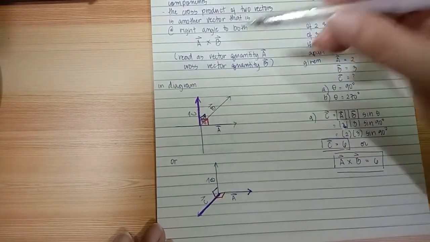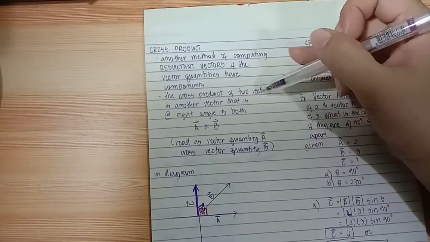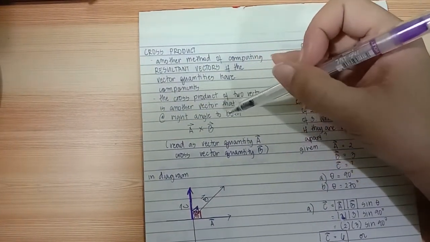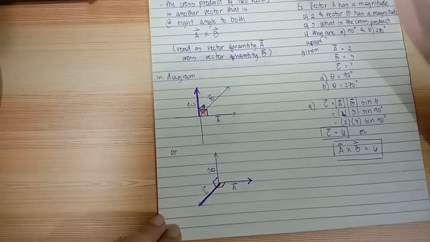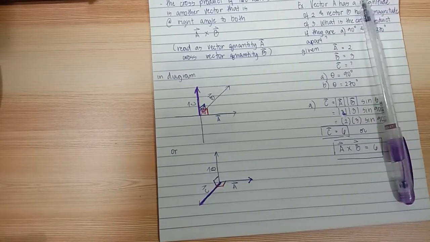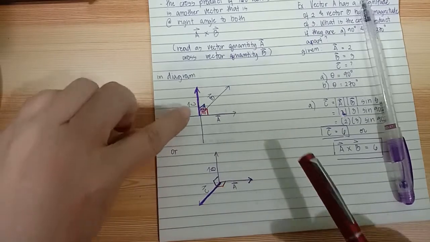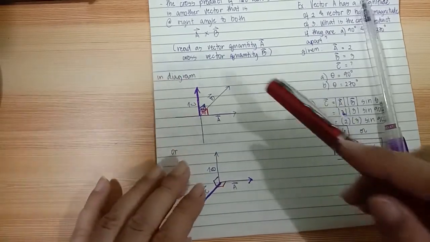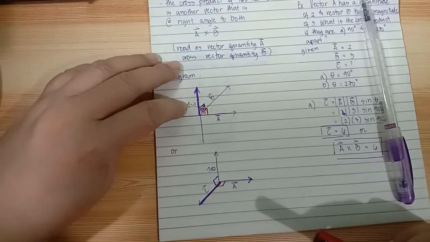Okay? Now, as you can see, sabi dito, two vectors that is right angle to both. So, pag nilagyan natin yan ng indicator, kung nasan yung right angle between quantity A and resultant vector C, at saka vector quantity B, at saka resultant vector C.